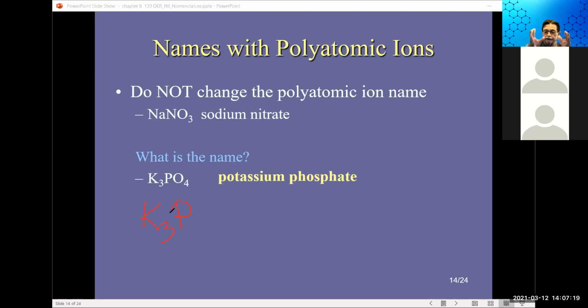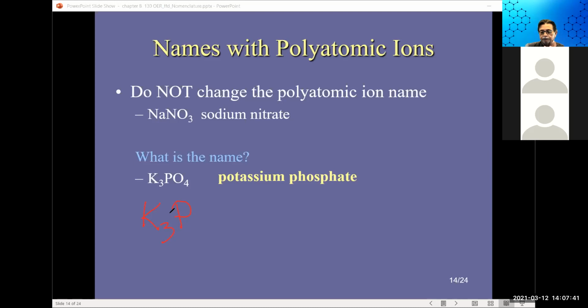Going through the same systematic approach as earlier with the first one, I see potassium first, K, so that tells me it's an ionic compound. No prefix is necessary here. Then I see phosphorus right there, all by itself.